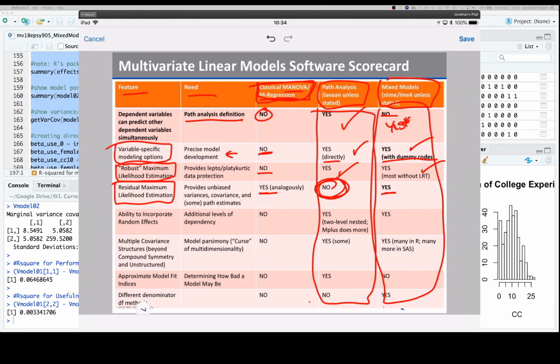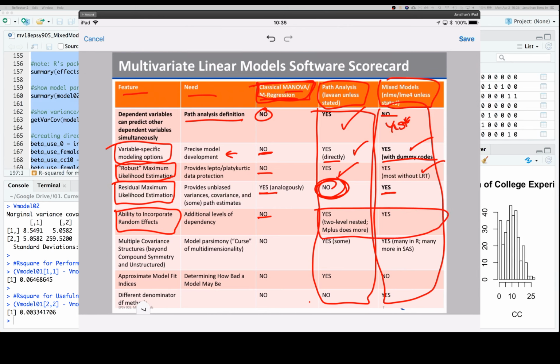There's a no there. Random effects are parts of things that you're not going to get to in this class, but you would get to in a multilevel or a structural equation modeling class. They help with different levels of dependency, so maybe you have observations nested in classrooms, or observations nested across time within a person. These are things that you might want to add to your model, and unfortunately the classical analyses do not allow those, but both of the modern analyses do.